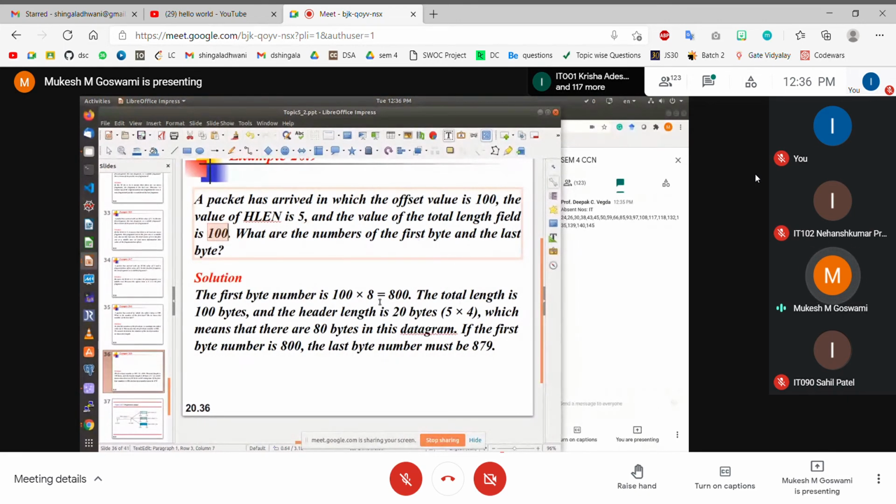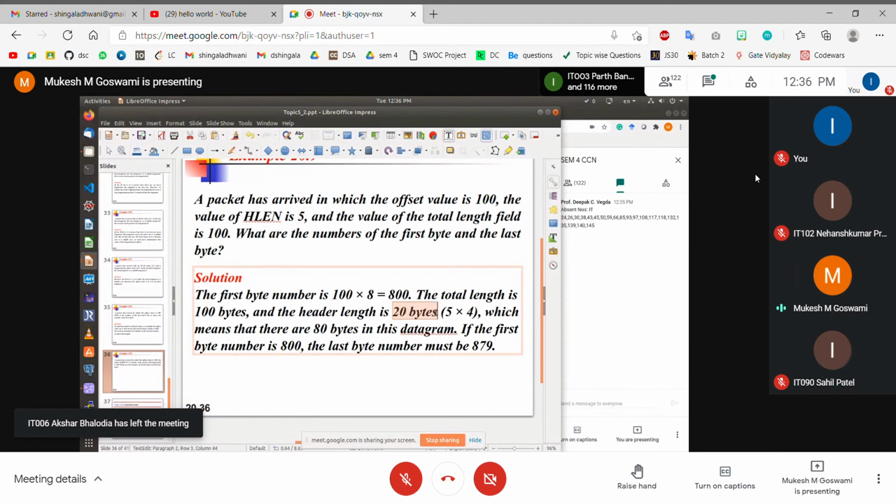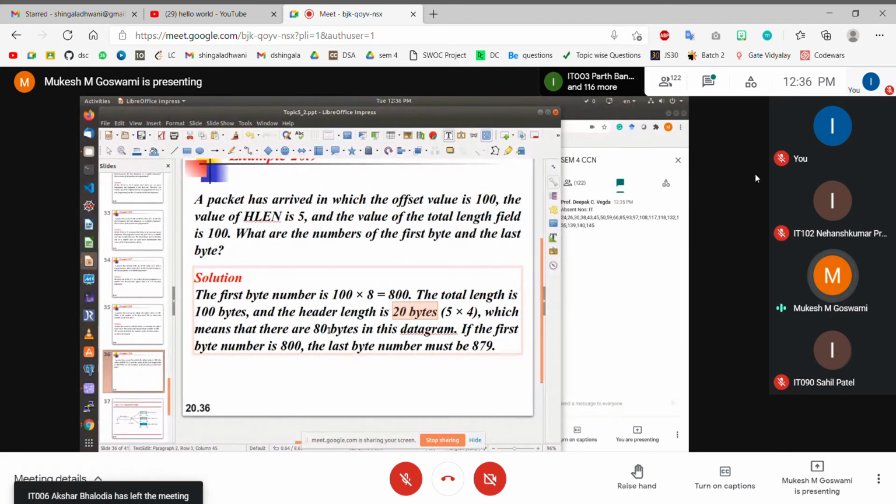The total length of the packet is 100 bytes. H length is going to be equal to 5 multiplied by 4, that is 20 bytes. So the length of data is 100 minus 20, that is equal to 80 bytes.